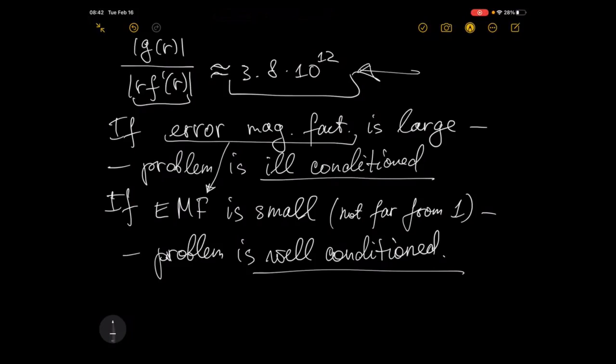So in many cases, what you can try to do is figure out this error magnification factor by introducing different errors on the input on some simple model case, and then figuring out what is going on with your system.